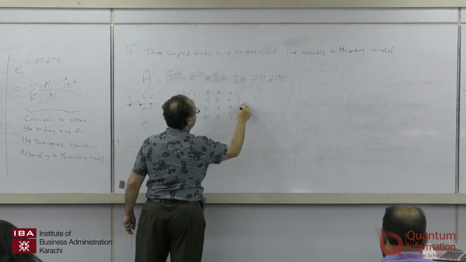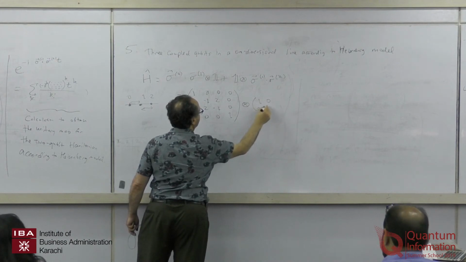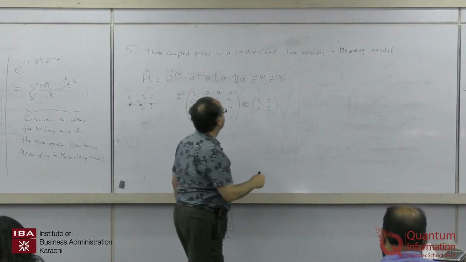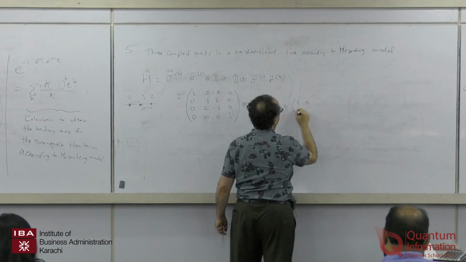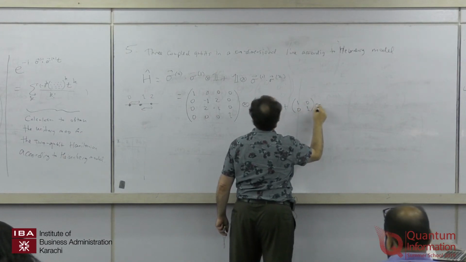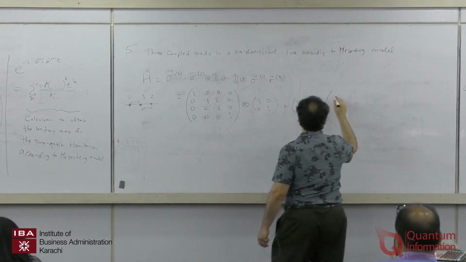We multiply that by the identity, and we add the identity outer product with the same matrix.